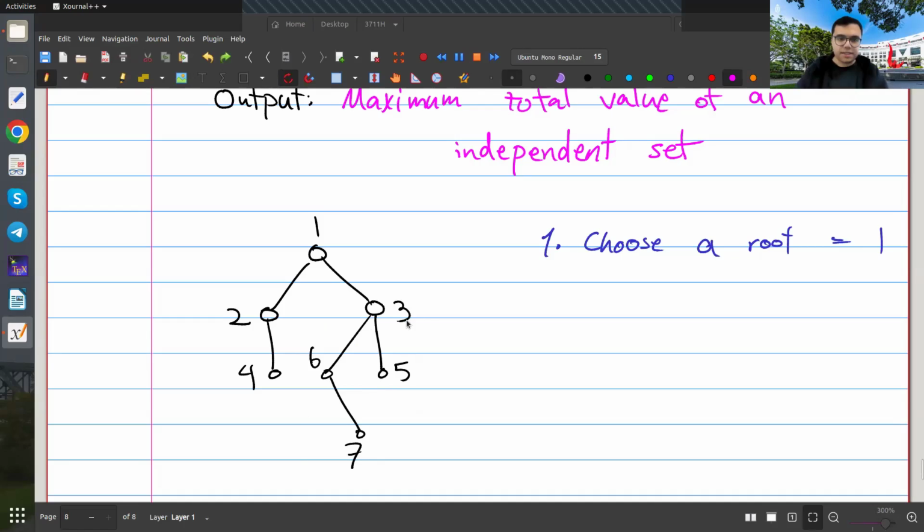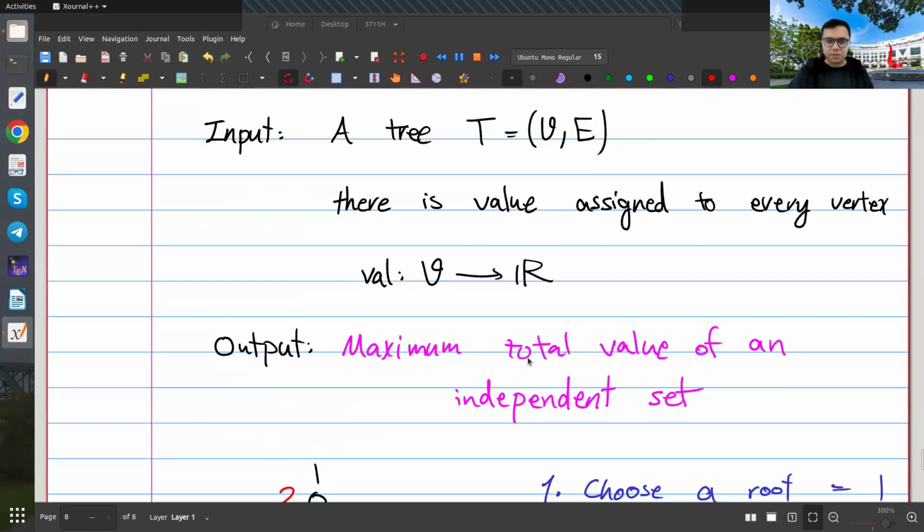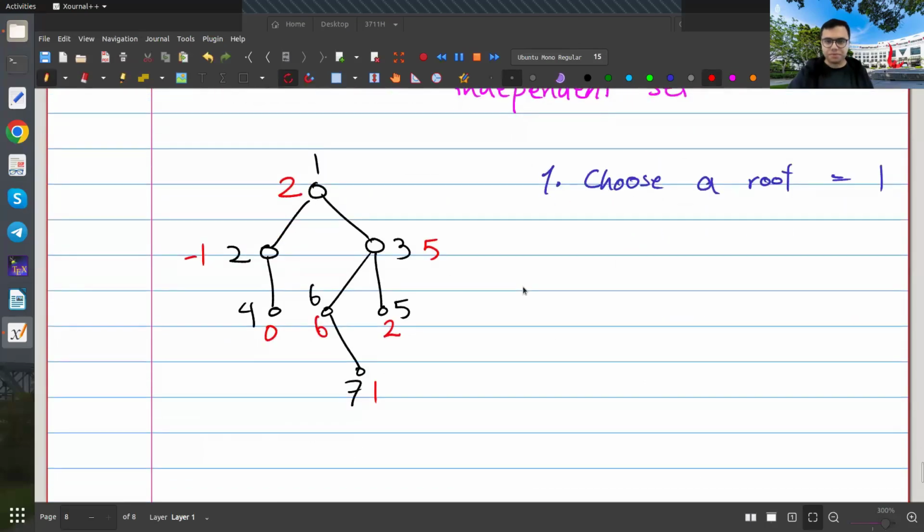So in this case, let me first give the values. So let's say this one has a value of 2, this one has a value of -1, this one has a value of 5, this one has a value of 0. Let's say this is value 6, this is value 2, this is value 1. Whatever. I just gave some values to all of the nodes because this was needed in my input.